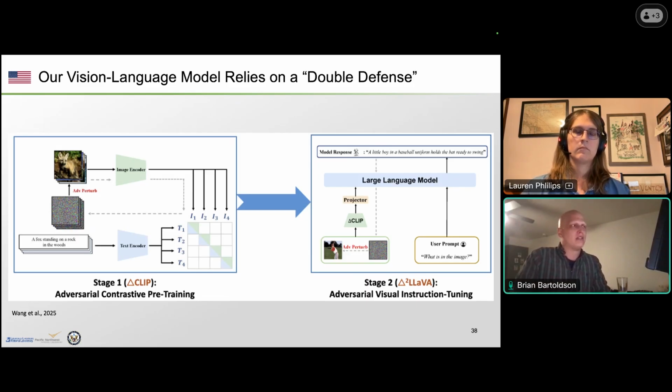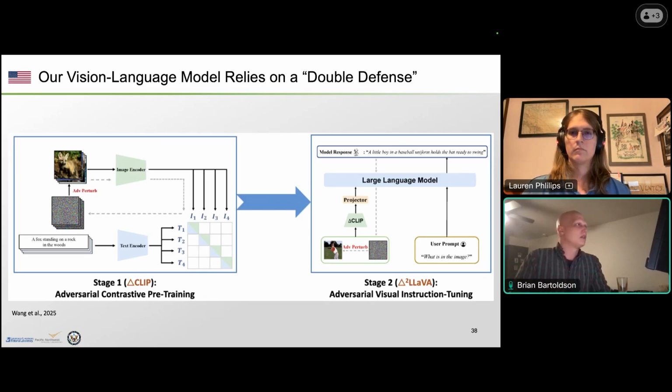Once we've pre-trained this clip model, we go to adversarial visual instruction tuning, where we teach the large language model to answer questions about images it sees after this embedding and projection step. But those images are also being perturbed, so the model has to be able to reason about perturbed images.